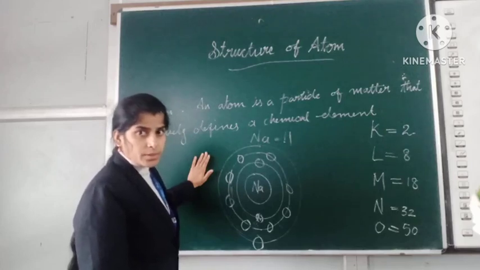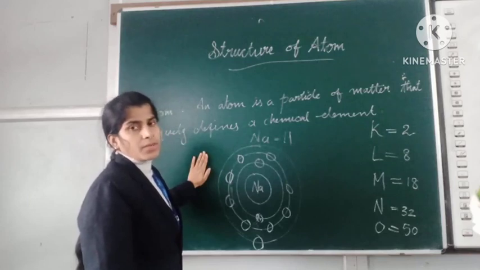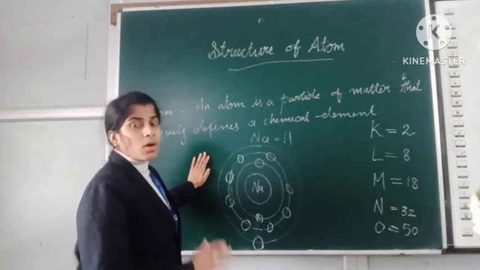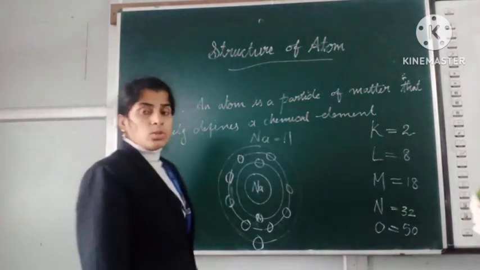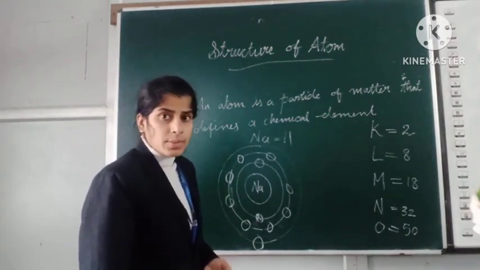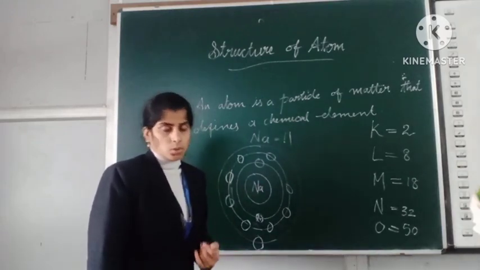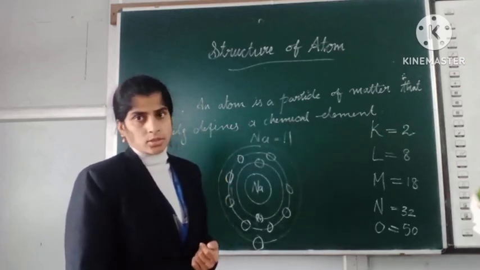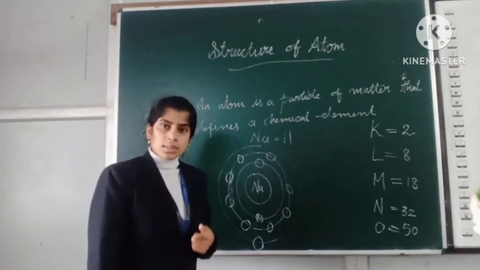Did you understand this topic? Once again, the atom is the tiniest particle of matter, the building block of all matter. And this atom can be divided, so subatomic particles exist. What are the subatomic particles? Electron, proton and neutron. The charge of the electron is negative, and the charge of the proton is positive.